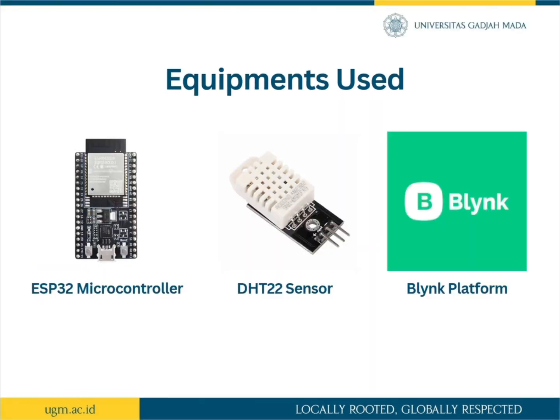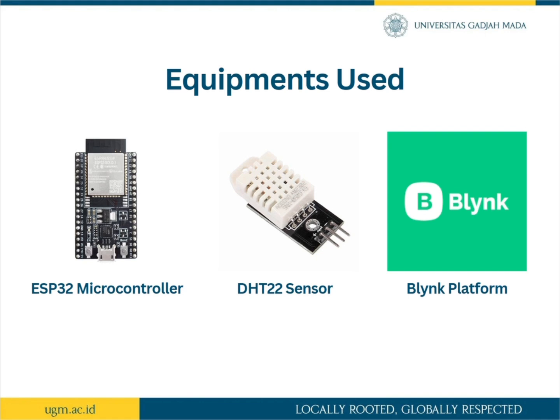Next, to make this system work, we utilize three key components that handle the data from acquisition to display. First, for data acquisition, we use the DHT22 sensor. If you ask why we chose this sensor, it is because it can simultaneously measure both air temperature and relative humidity, which are our two main dependent variables, with higher accuracy than the standard DHT11.